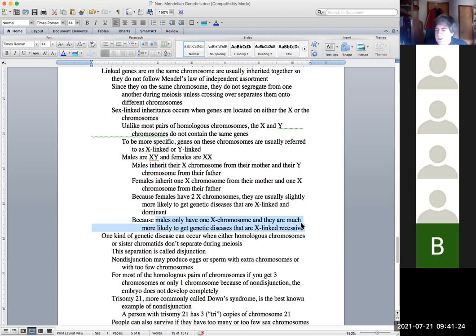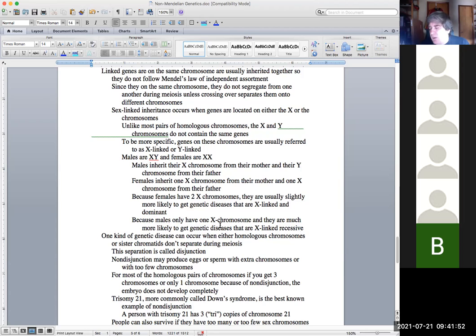So if you look at a male, he has one X and one Y. So with something like red-green color blindness, which is an X-linked genetic disease, if a male gets one allele for red-green color blindness, which he would inherit from his mom, he's going to have the disease because he doesn't get another allele. He gets the Y from his father.